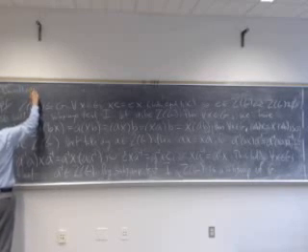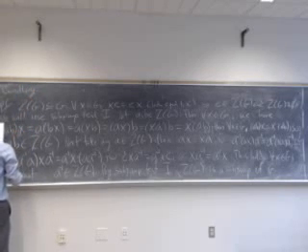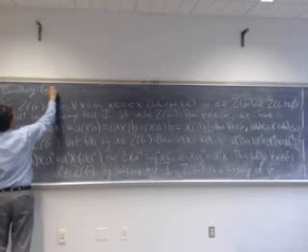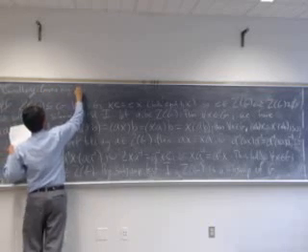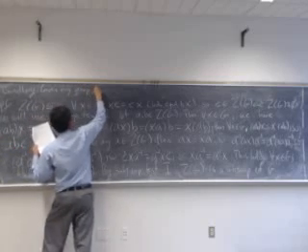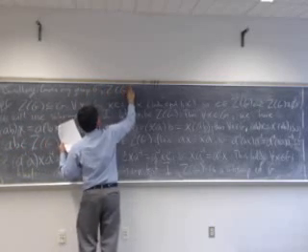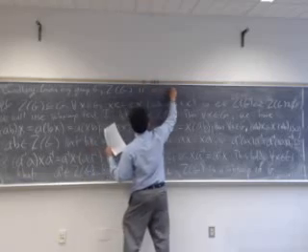So corollary: given any group G, Z of G is an abelian group.